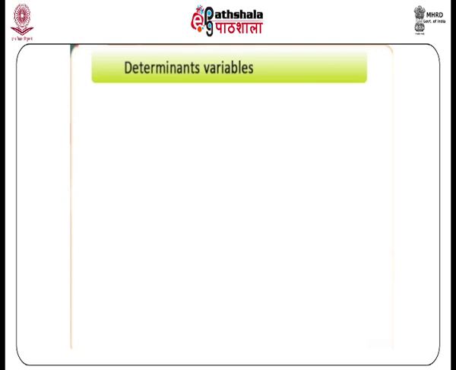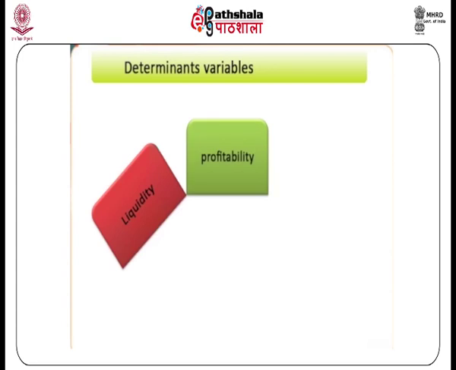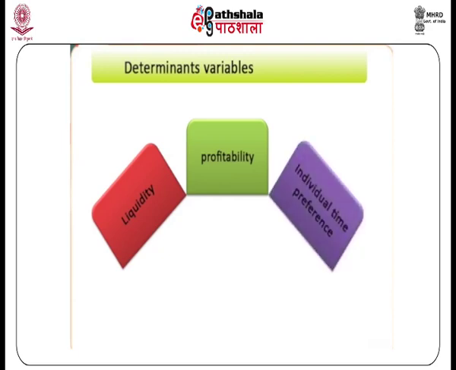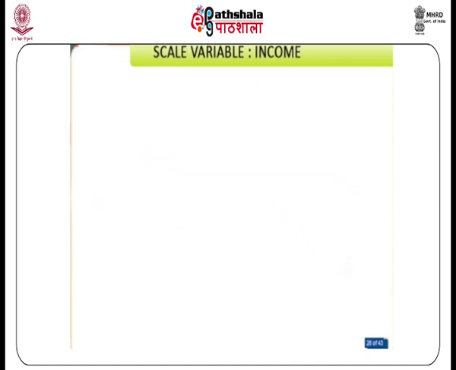The choice of the public between the demand deposits and time deposit ratio is governed largely by considerations of liquidity, profitability in terms of higher interest income earned, and individual time preference in portfolio management. Scale variable income.